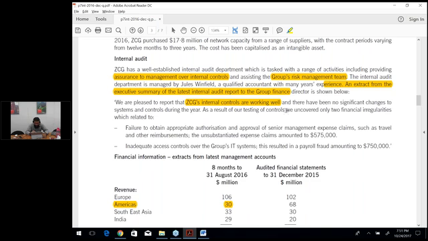As a result of our testing of controls, we uncovered only 2 financial irregularities, which related to failure to obtain appropriate authorization and approval of senior management expense claims such as travel and other. The unsubstantiated expense claims amounted to 575. Inadequate access over the control of the group's IT systems resulted in payroll fraud of 750,000.